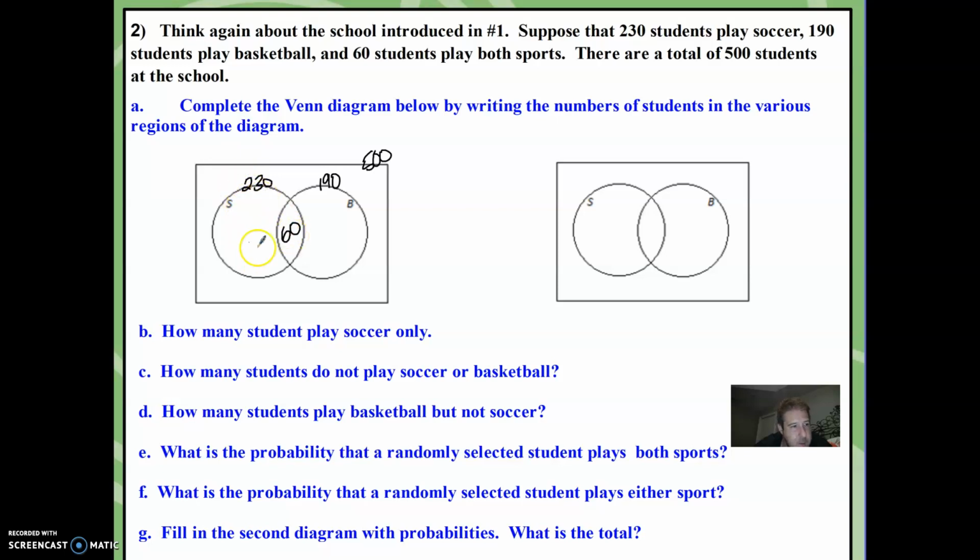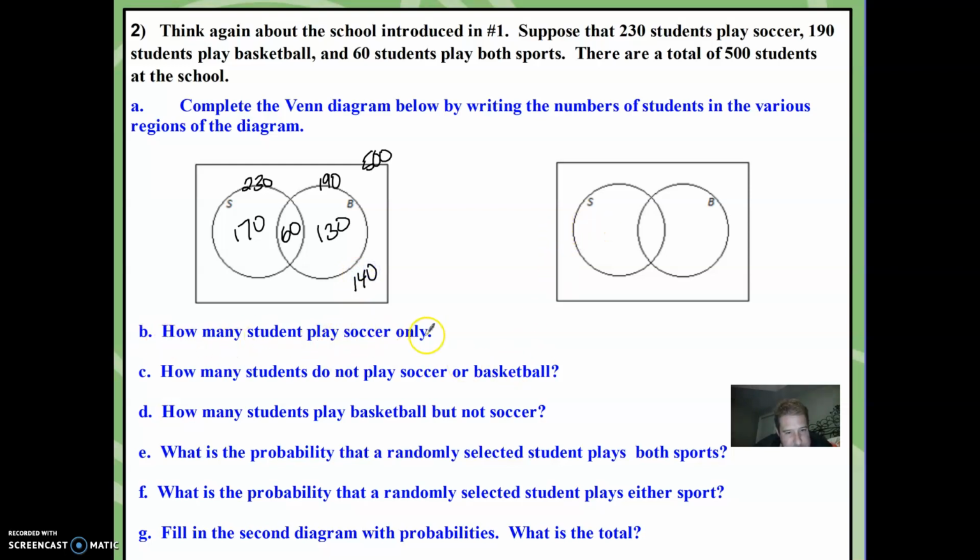In order to get this number right here, I'm going to do 230 minus 60, and that makes 170. 190 minus 60 is 130. And then if you subtract these from 500, 500 minus 170 minus 60 minus 130 equals 140 on the outside.